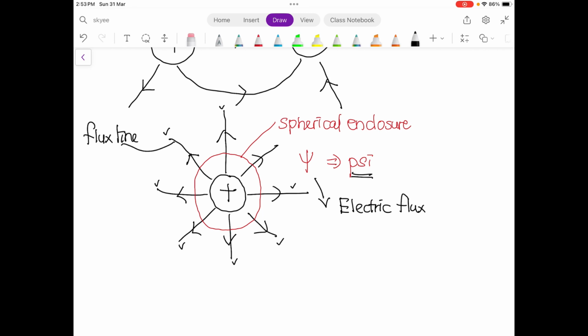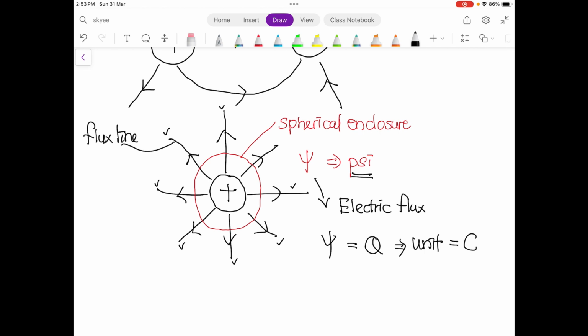This is Ψ. The value of the electric flux will be the same as the value of Q, so the unit is Ψ equals Q, in coulombs, right?